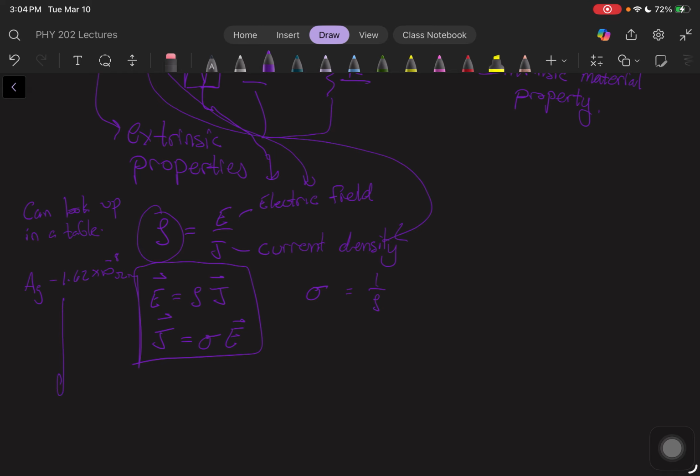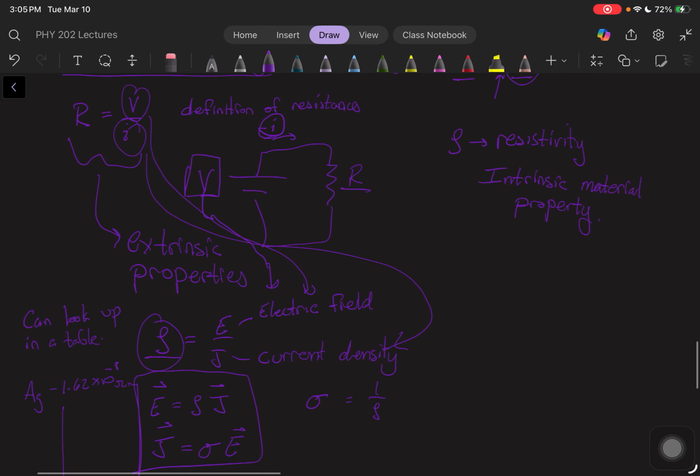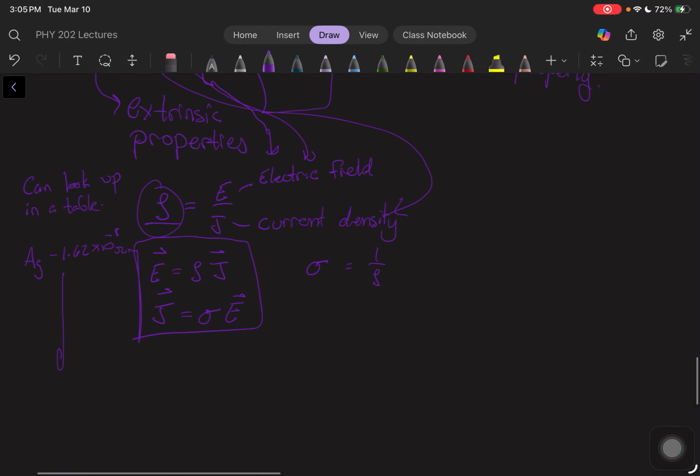And it'll list a bunch of materials in a table, right? So resistivity is intrinsic to the material. Resistance, though, is going to depend on extrinsic properties, right? You can't just say, oh, silver has a resistance of this, because it's going to depend on the shape of the resistor you make, but its resistivity does not. Okay.